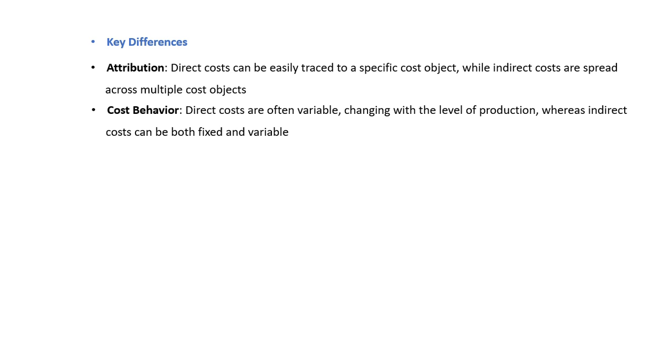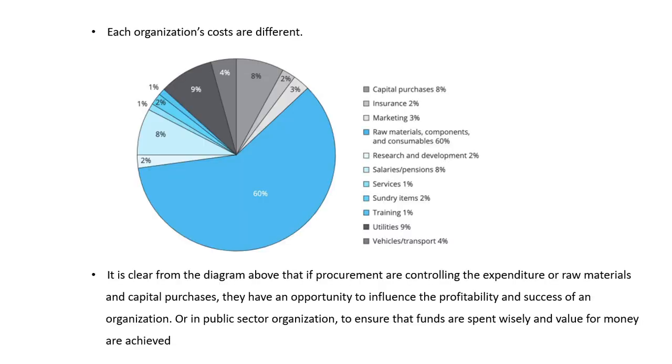Key differences. Attribution. Direct costs can be easily traced to a specific cost object, while indirect costs are spread across multiple cost objects. Cost behavior. Direct costs are often variable, changing with the level of production, whereas indirect costs can be both fixed and variable. Each organization's costs are different.